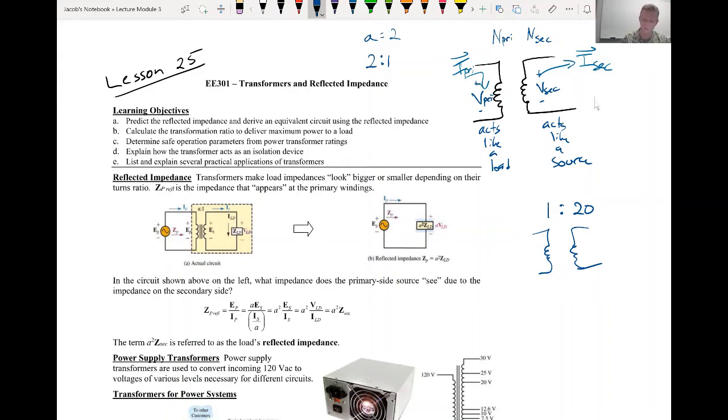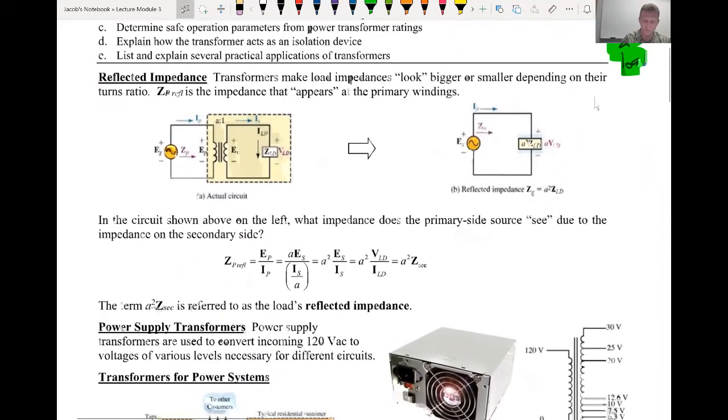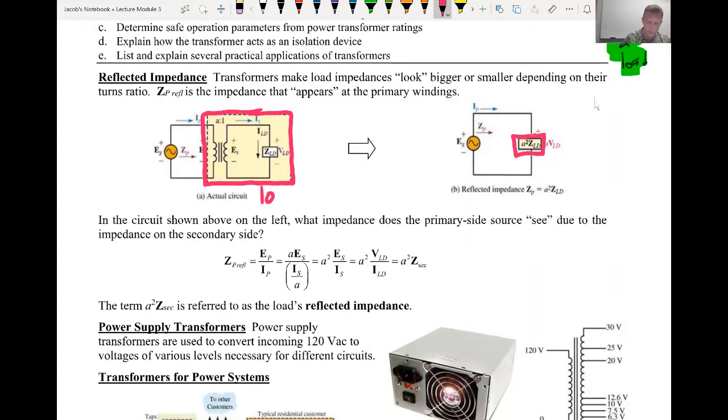But now to this idea right here saying that it acts like a load. Well, if I wanted to do the Z, I can model everything on the right side of the equation with what we call the reflected impedance. And so everything inside my red box that they have inside of yellow can be modeled as an equivalent into this right here. And so if this was my load from the perspective of the primary side of the circuit, it can be simplified to look like this load right here.